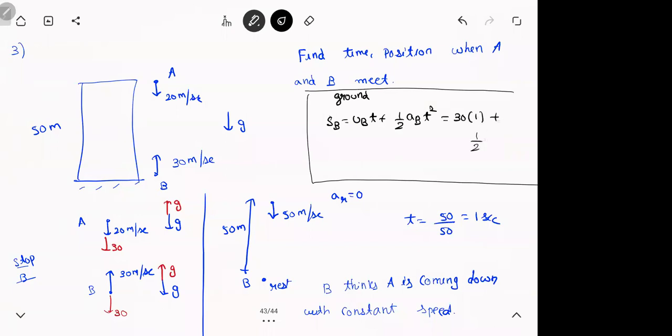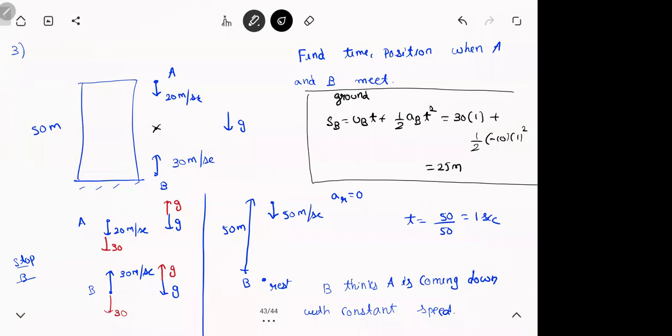Half acceleration is minus 10, 1 square. That is 30 minus 5, 25 meters. Meaning in this 1 second, we will travel a distance of 25 meters. So that means they're going to collide in the middle. So answer for this question will be they will meet in 1 second at the middle of the building.